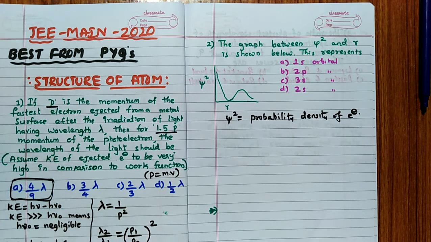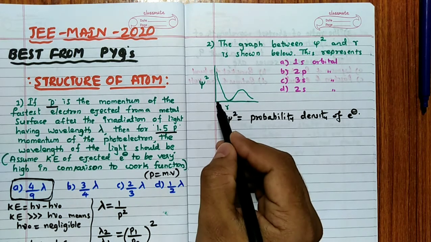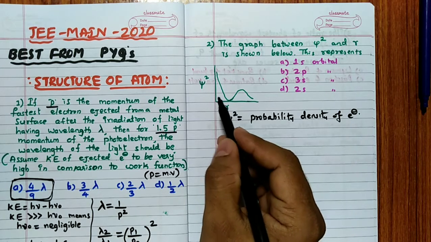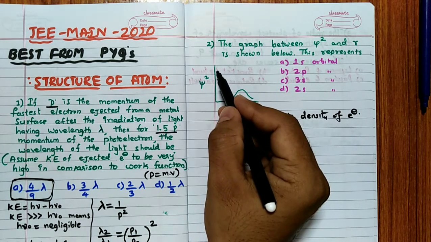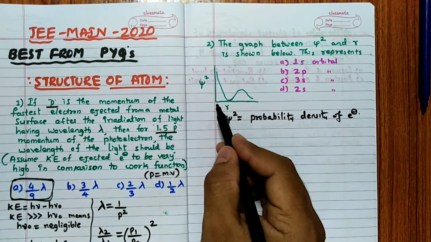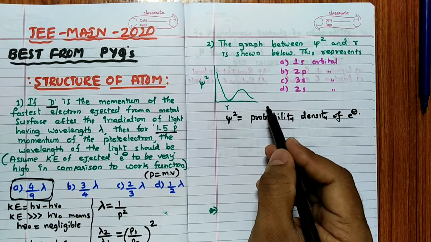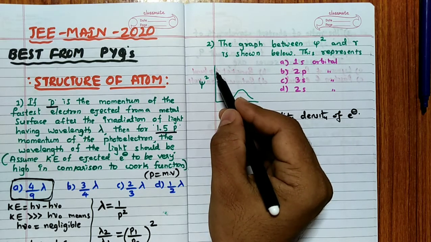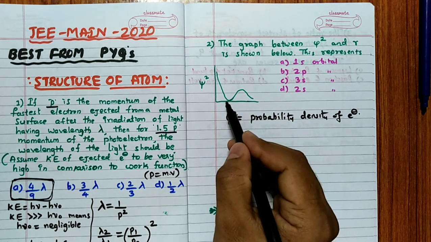Definitely we know that at radius 0, at the nucleus, psi square is maximum. As the radius increases, psi square slowly decreases, and the probability density slowly decreases and reaches 0.